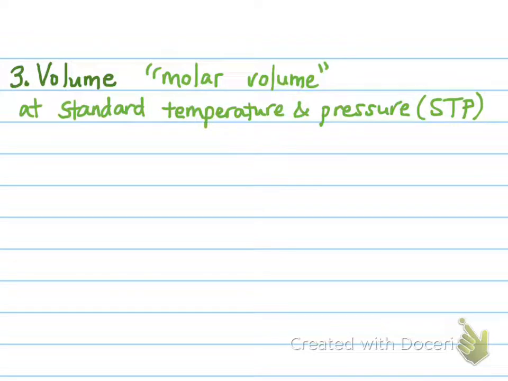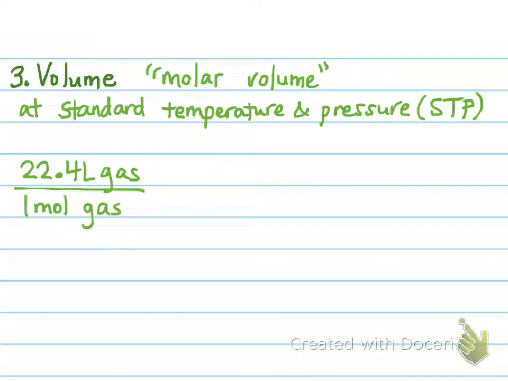So to use our molar volume, we have to be at STP, and our molar volume is 22.4 liters of gas over 1 mole of gas. And again, depending upon where I need my units to be, 1 mole of gas over 22.4 liters of gas.